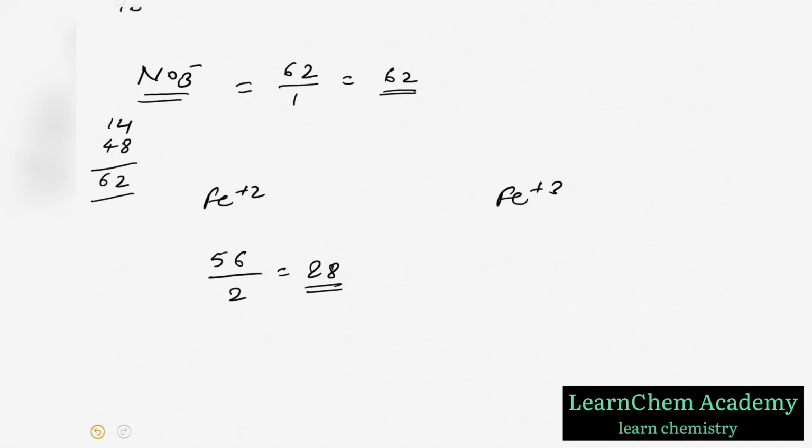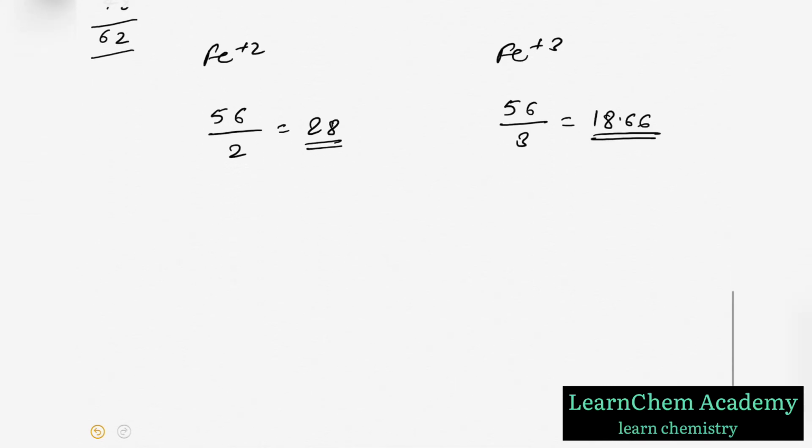Okay, and here formula weight is 56 and charge is 3, so we will get 18.66 is the equivalent weight of ferric ion. Okay, so this is also a simple method. Now if we talk about equivalent weight of an oxidizing or reducing agent, or we can say in case of redox.